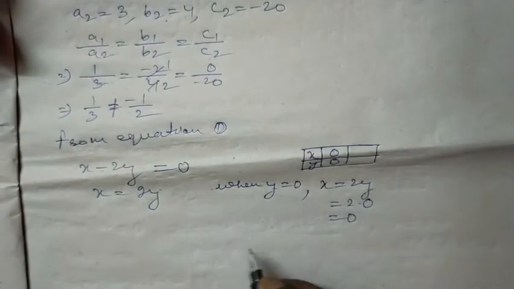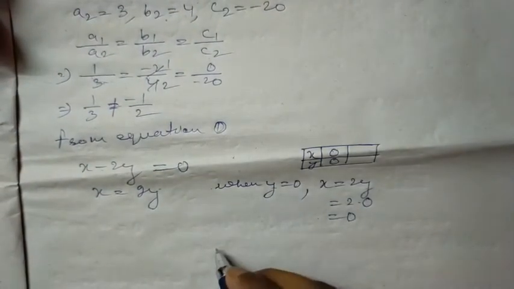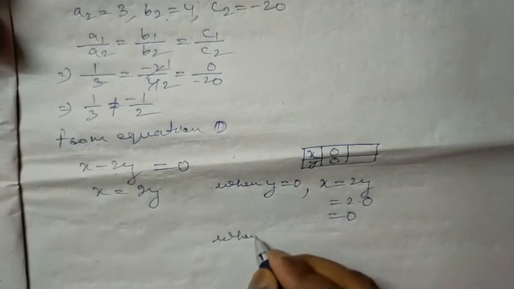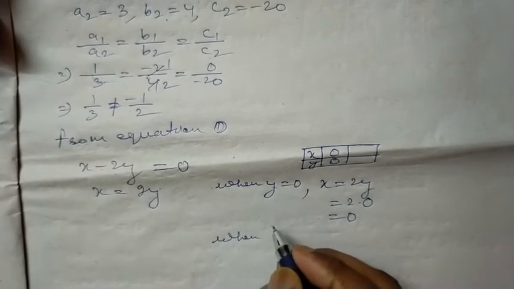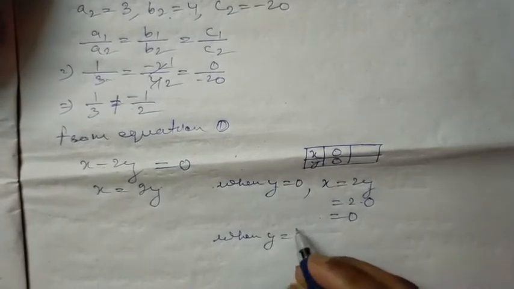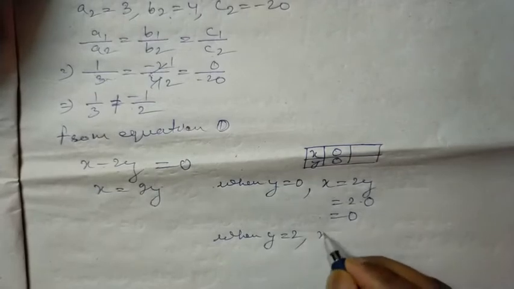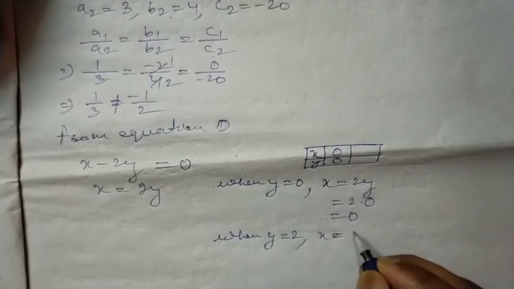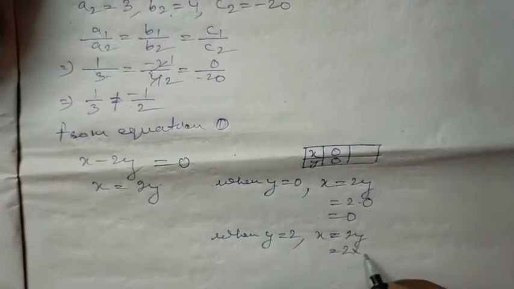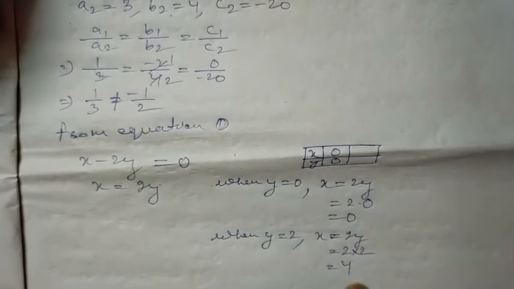Again, when we take the value of y as 2, we'll get the x value. 2 into 2 is 4.